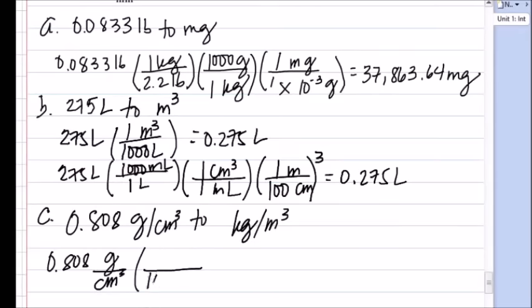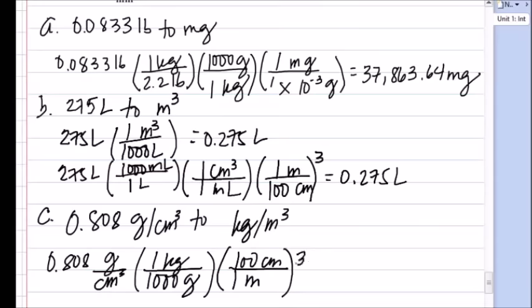So, we can have 1,000 grams kada isang kilogram. And then, gamit yung conversion na 100 centimeter kada meter, then i-raise lang natin sa 3. So, ang lalabas po dyan is yung 0.808 times 100 raised to 3 divided by 1,000. So, we can have 808 kilogram per cubic meter.